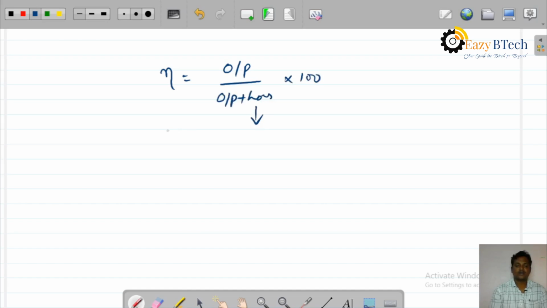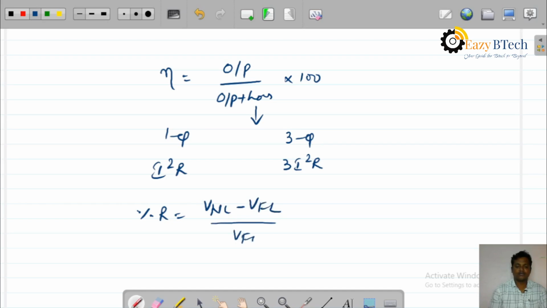The losses for a single phase transmission line are I square into R. If the transmission line is three phase, it is 3 I square into R. Now, percentage regulation: we know the formula, V no load minus V full load divided by V full load into 100.